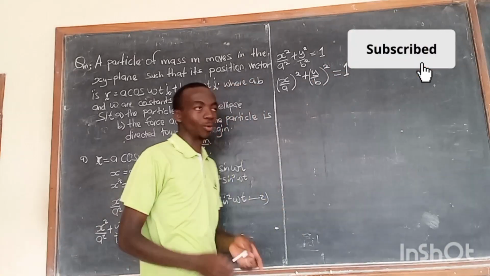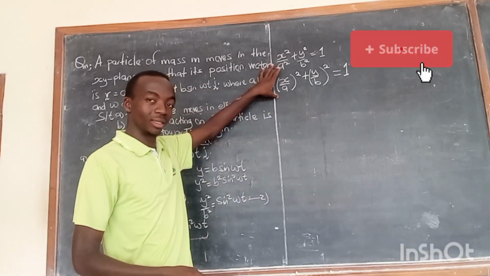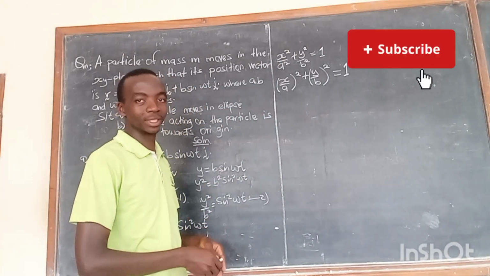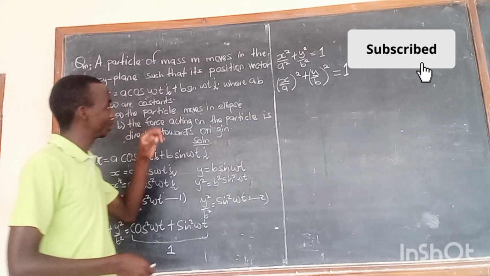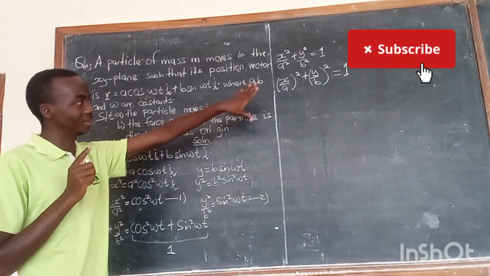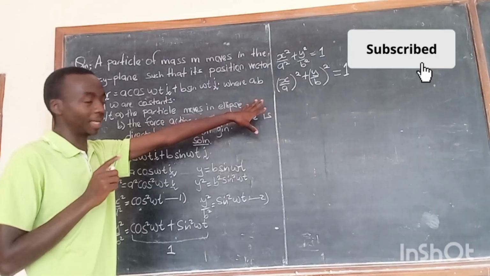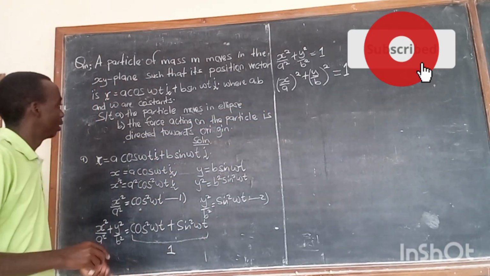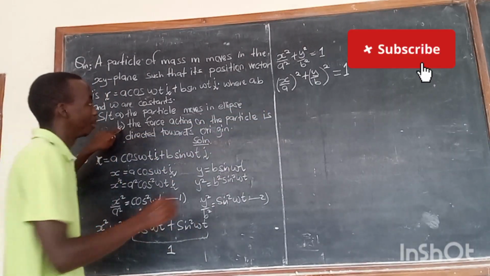So this is in the form of an ellipse. Therefore, we have been able to show that the particle moves in an ellipse. That is it. It's done. Let's go for part B.